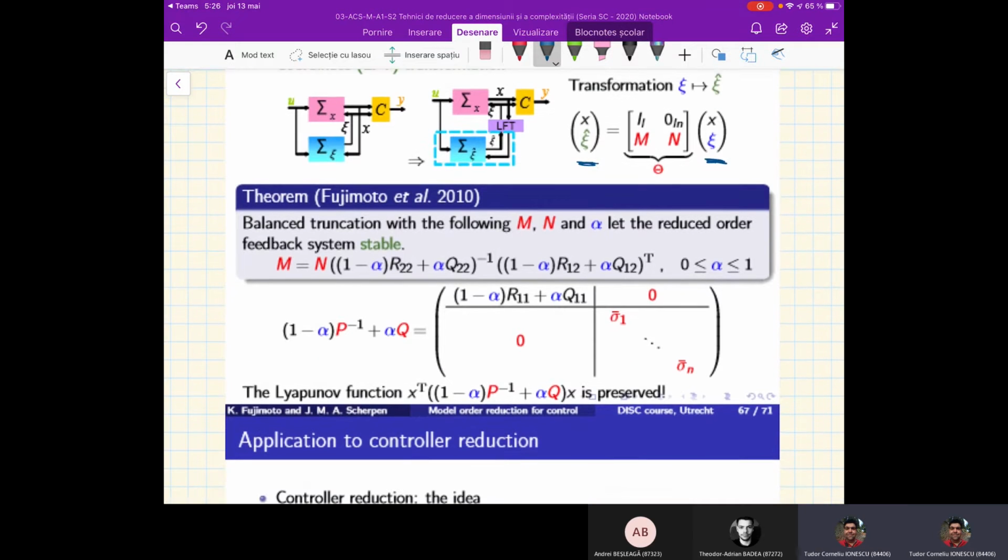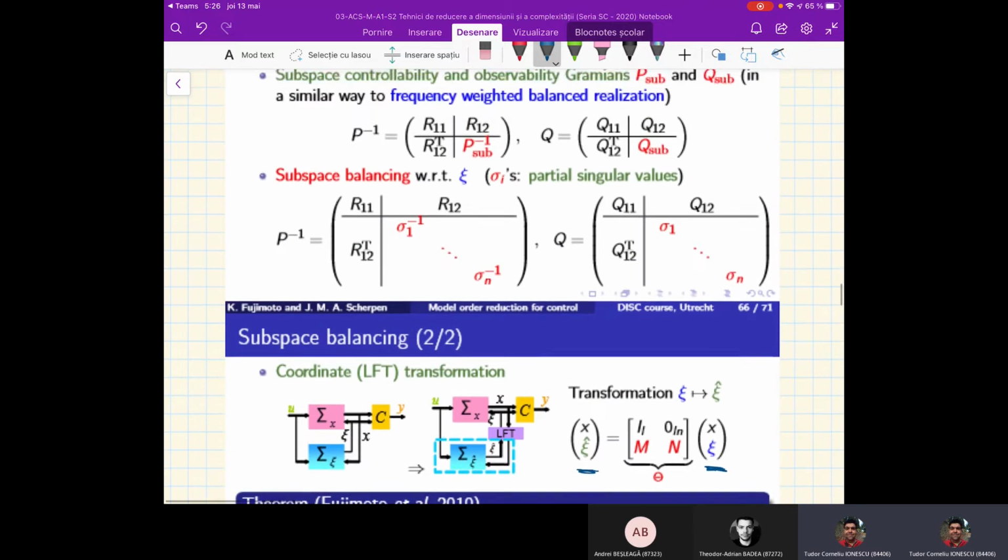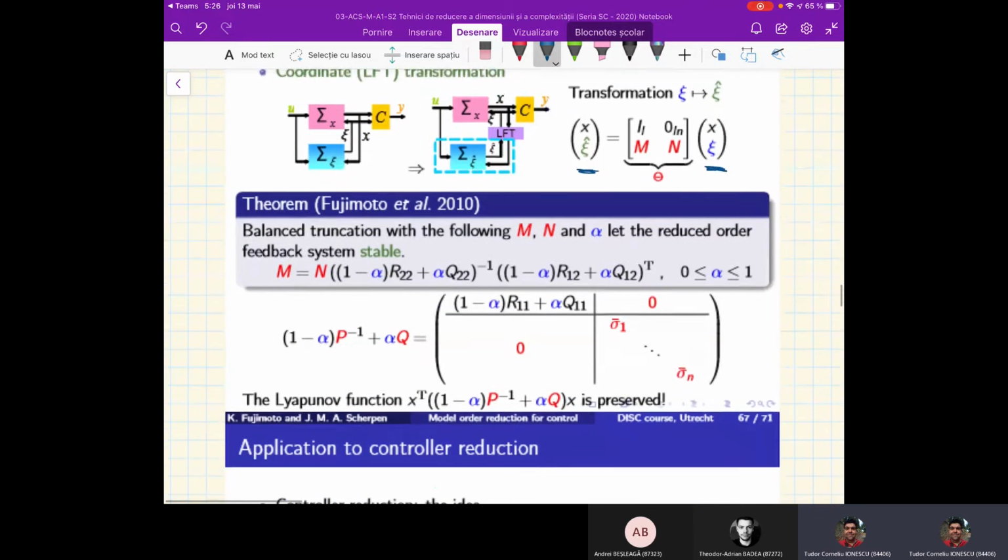And then you have balanced truncation of some M and N matrices, and alpha, where M equals N times this strange alpha, and you preserve a strange sort of Lyapunov equation.